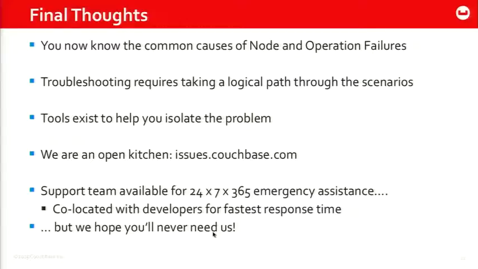I've not mentioned rebalance here, but you'll see it in Couchbase. There's a log tab. Oftentimes, for our sins, the logs come out with a nice healthy dollop of Erlang internals, which aren't terribly meaningful unless you're an Erlang enthusiast, which I know many of you are. But one thing you can do with those is, as I say here, we're an open kitchen.